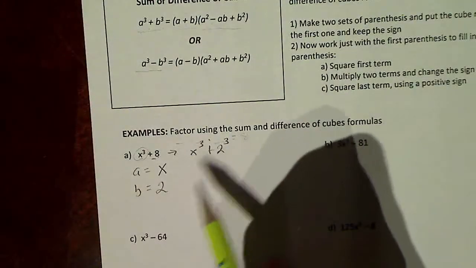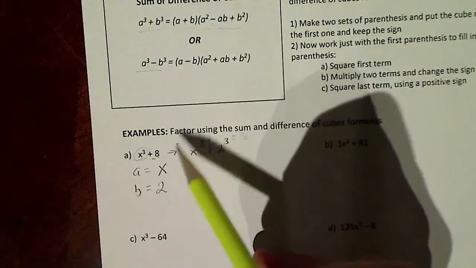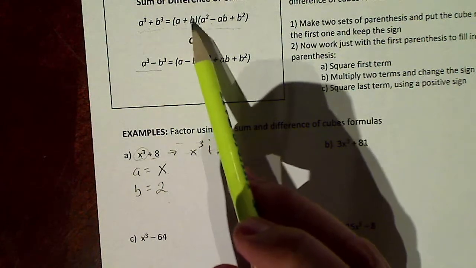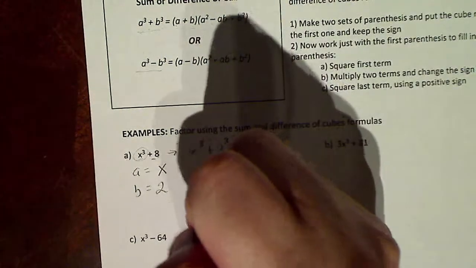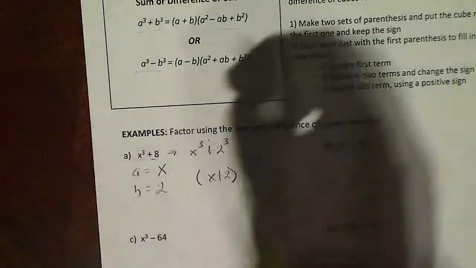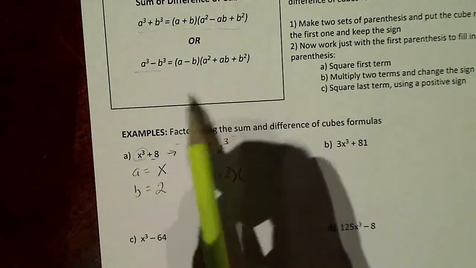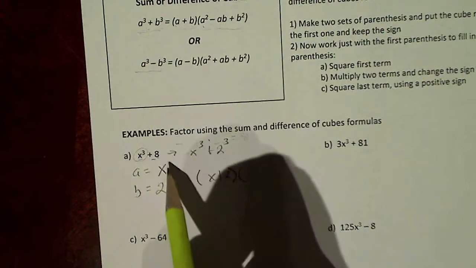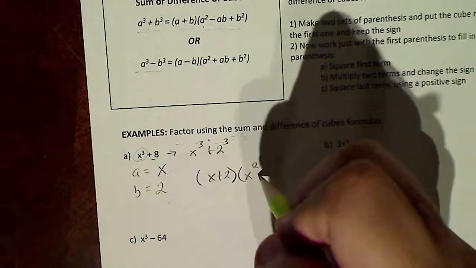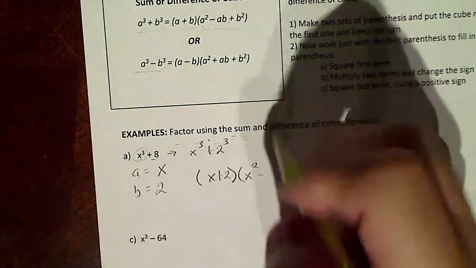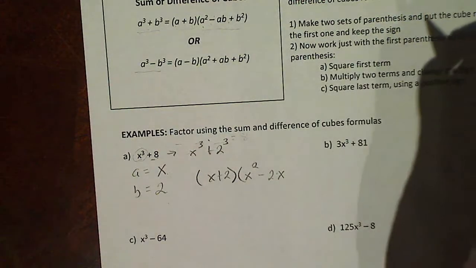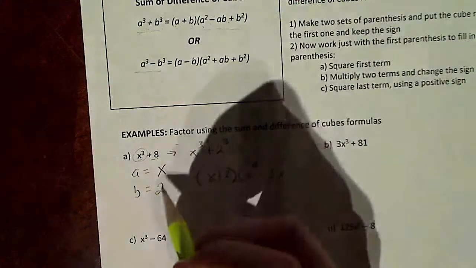Once we have that, we know what a and b are. Now we go to our formula, and since it's a plus, the first part says a plus b. So the first factor is x plus 2. The second factor says a squared, so x squared, minus a times b, so 2 times x, plus b squared.